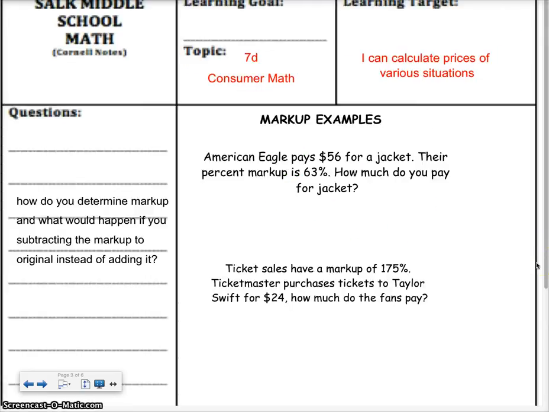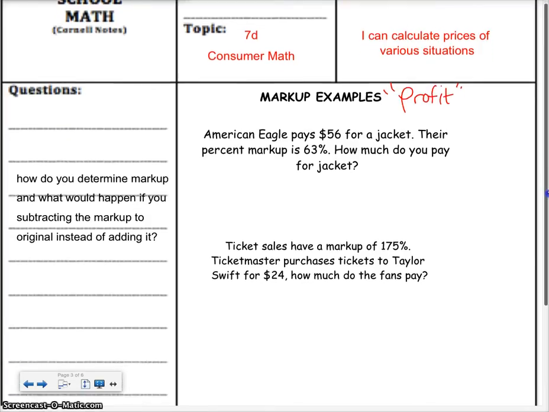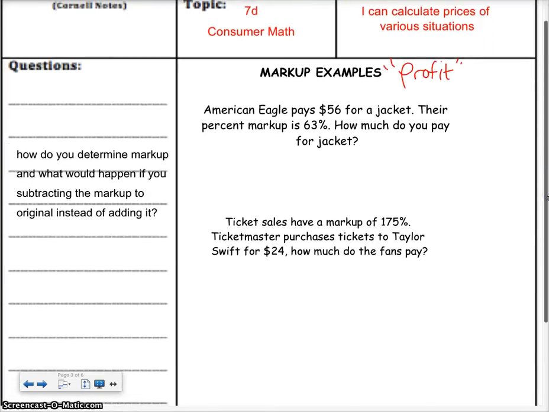Now we're going to deal with markup. Remember, markup is how businesses earn their profit. So you're going to end up having to add with this because you have to add it to their total. American Eagle, let's say they spent $56 on a jacket. Their markup percent is 63%. How much are we going to pay for the jacket? So method number 1 would be to do percent times amount. So 63% times $56, and that's $35.28.